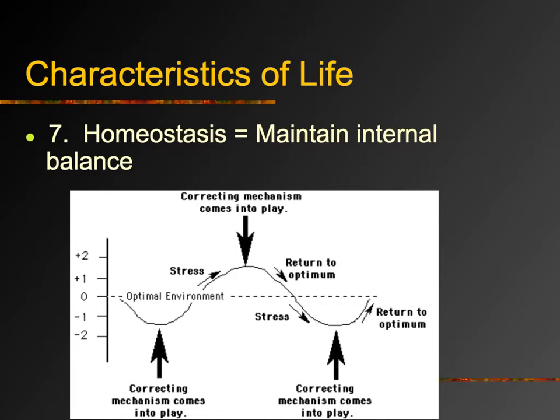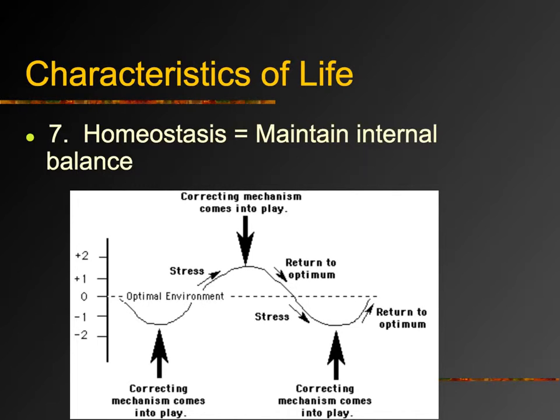The seventh characteristic, all living things must be able to maintain their internal balance, also known as homeostasis. Things come in, things go out. It's an equal balance of movement. So everybody has their own unique set of perfect conditions inside their bodies.